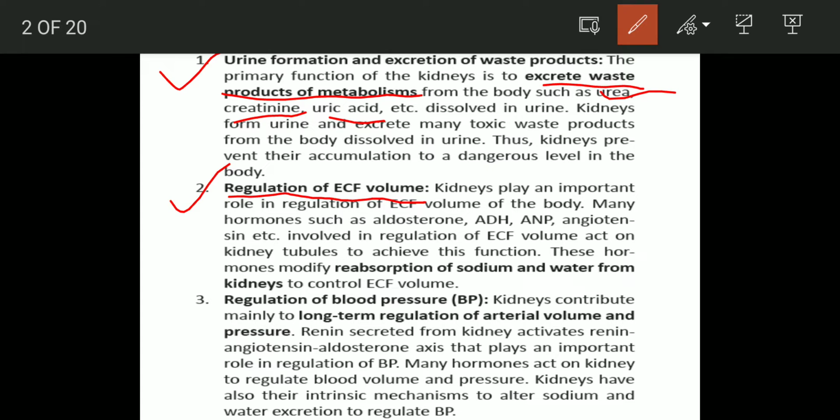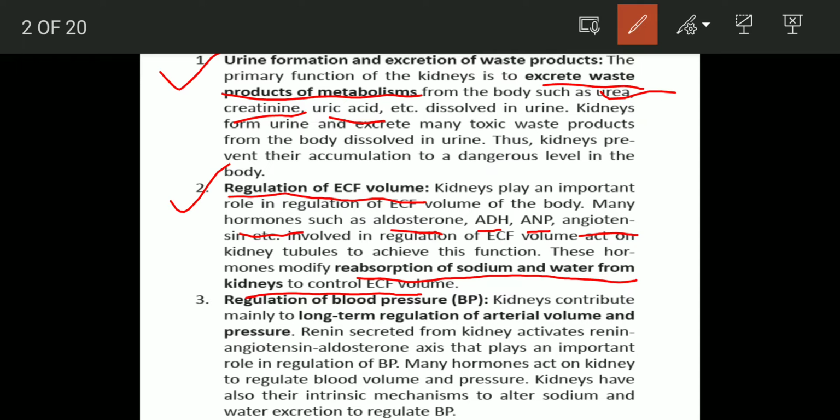It secretes many hormones like aldosterone, the antidiuretic hormone, the atrial natriuretic peptide, and angiotensin. So it releases many hormones that play a role in this ECF volume, and this leads to reabsorption of sodium and water from the kidneys to control the ECF volume.